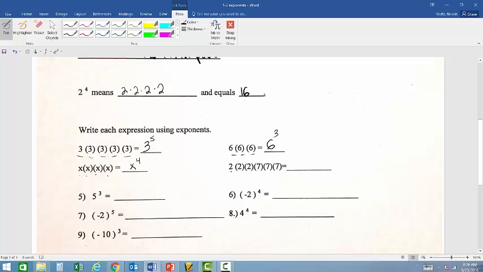Be careful about this one because we have some 2's and some 7's. So we're actually going to write 2 separate exponents here. I see 2 appearing 3 times. That all is multiplied with 3 7's. So there's 3 2's and 3 7's. And we just put a little multiplication symbol in the middle to separate them.